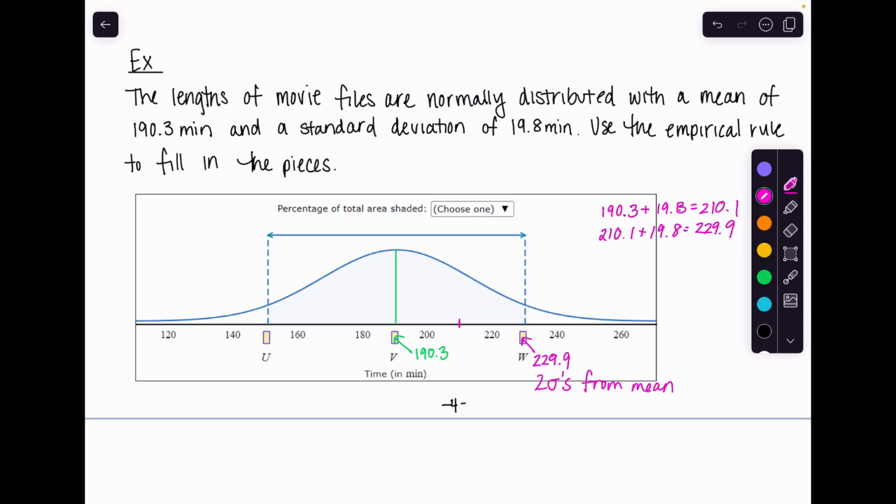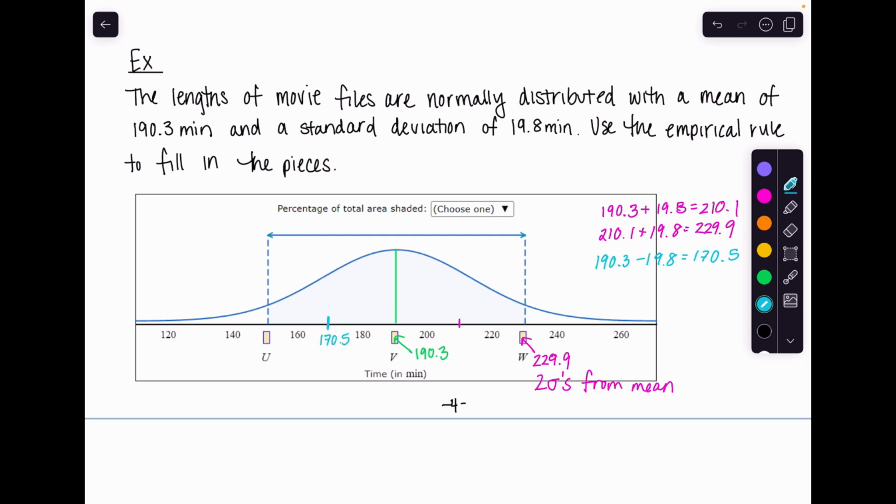And now I want to make sure, does this other number fall into that same pattern that it's 2 standard deviations away? So same process, I'm going to start with the mean, but since it's on the left, I'm going to subtract my standard deviation of 19.8. So that would give me 170.5. But that's a number that's in between 160 and 180.